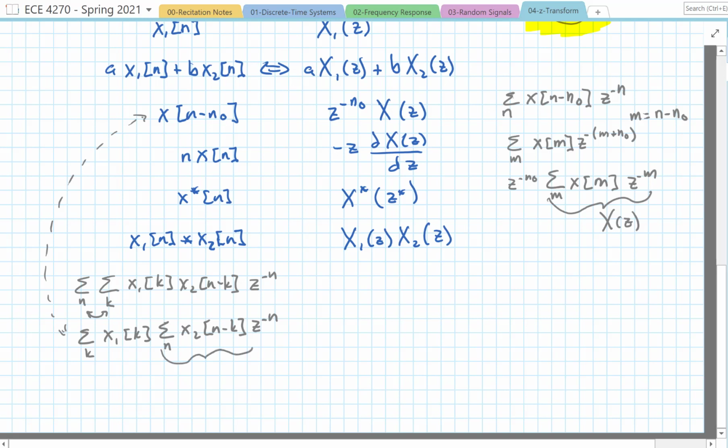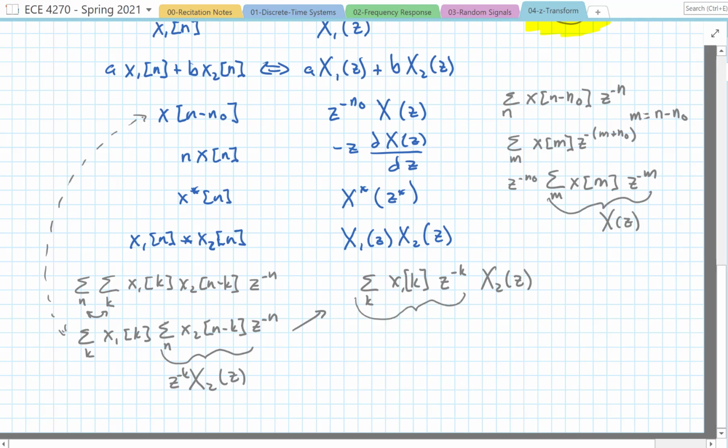So this is just x2 of z times z to the minus k. So over here now we have the sum over k of x1 of k times z to the minus k x2 of z.